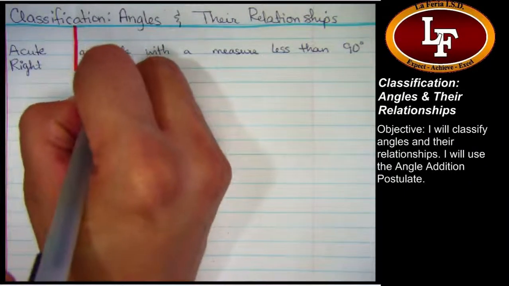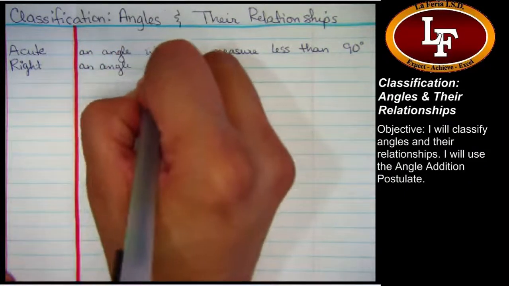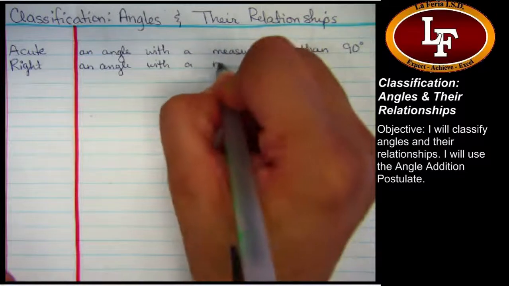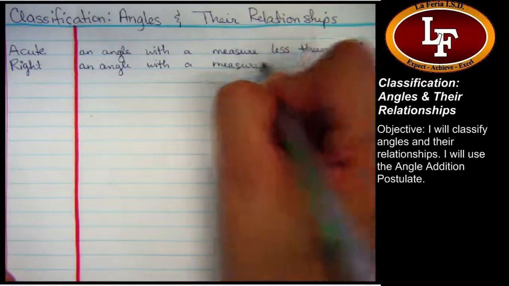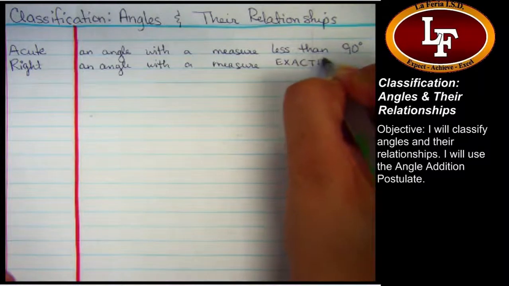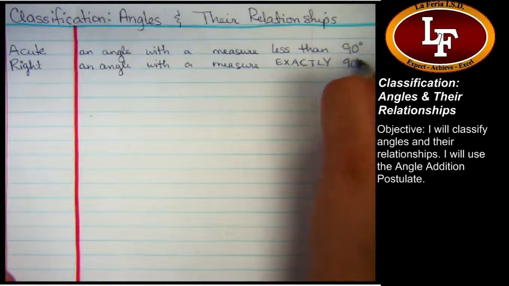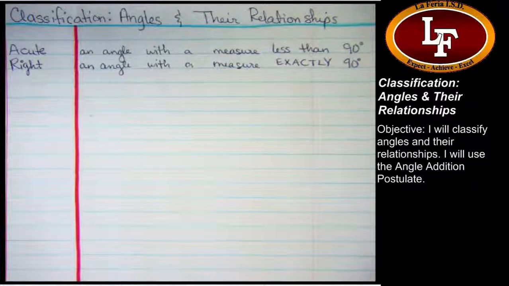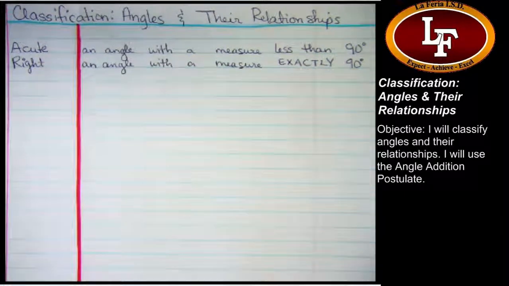That's also an angle, but it has a measure exactly 90. I'm going to all caps the word exactly, because even if it's the tiniest bit off, it's not right. It's not wrong either, it's just not the right angle.